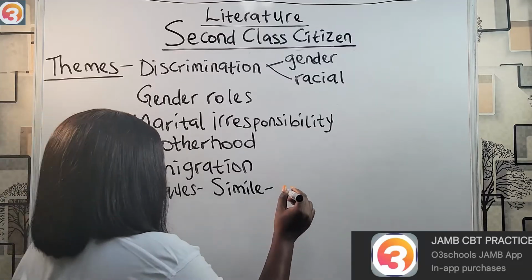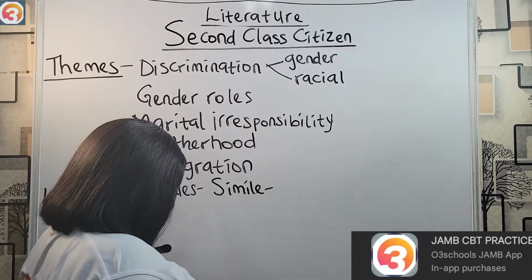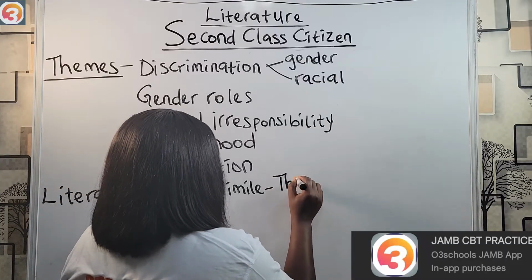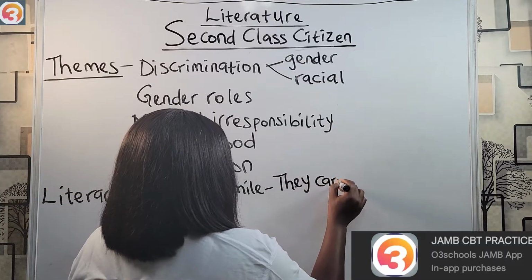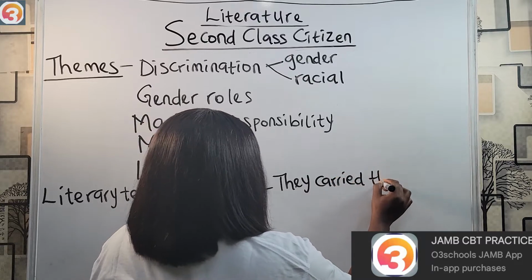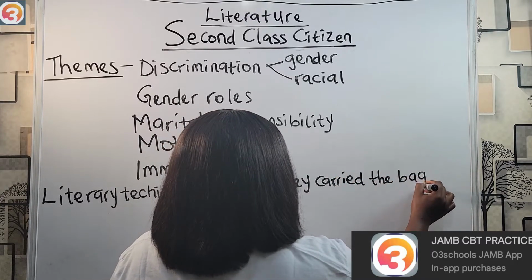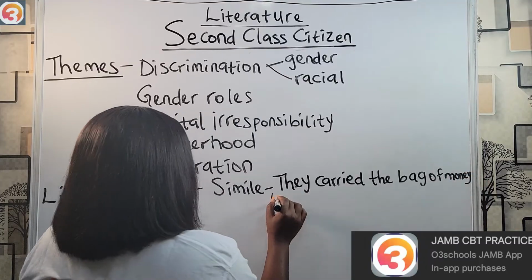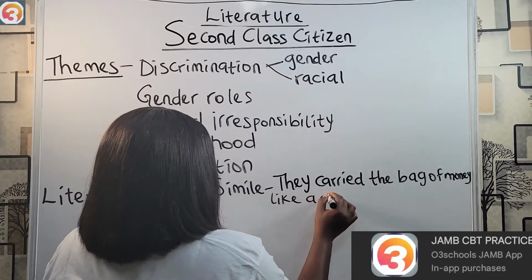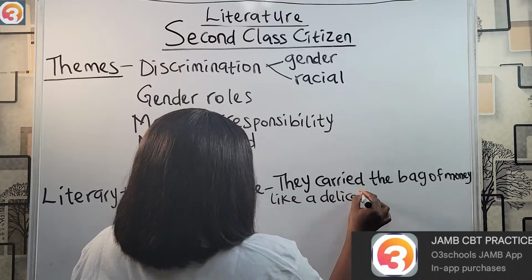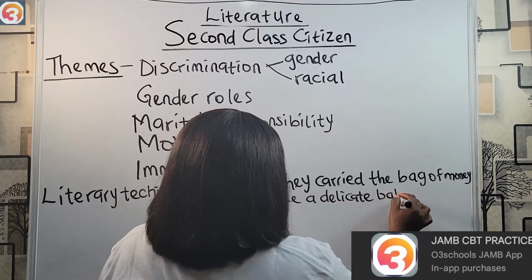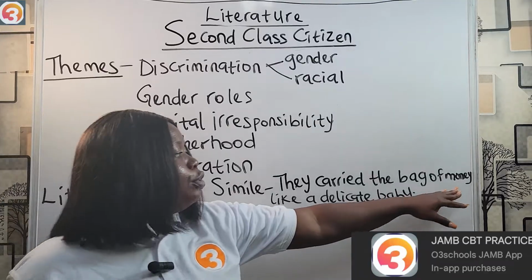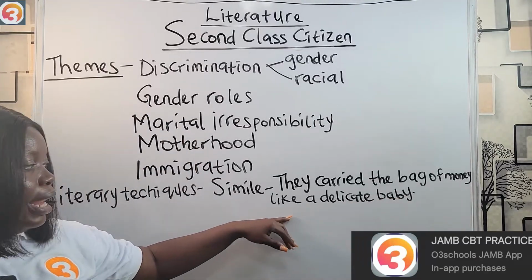We see the sentence, they carried the bag of money like a delicate baby. You can see the simile there, comparison of money and baby using like.